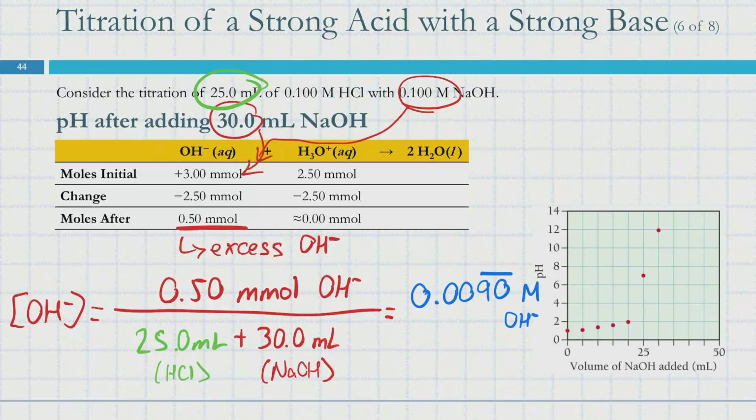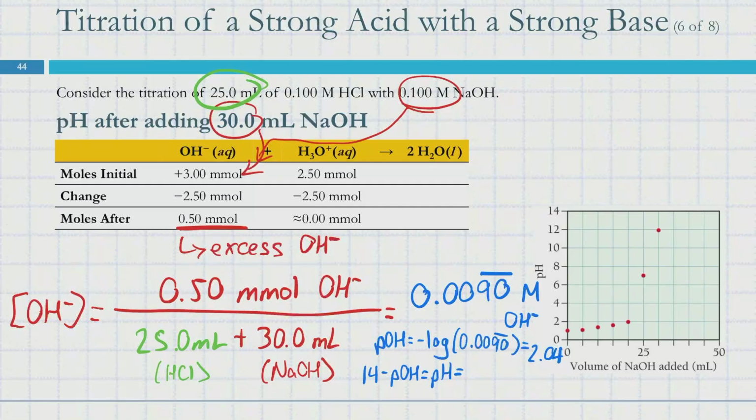To convert that into pH, the way that I would prefer to do it is find the pOH. So negative log of that concentration. So our pOH is 2.04. 14 minus that number, 14 minus pOH equals pH.